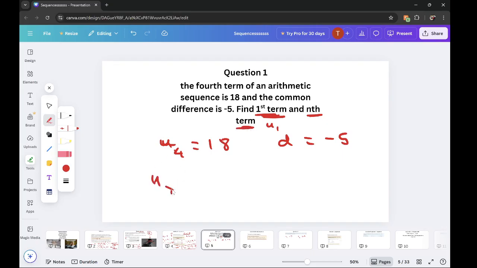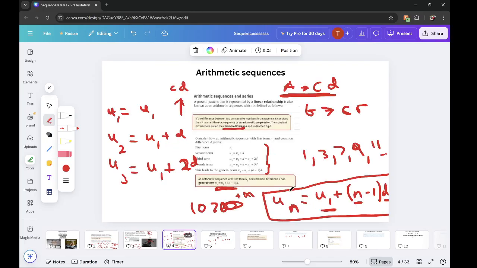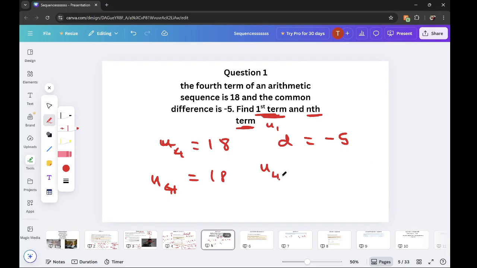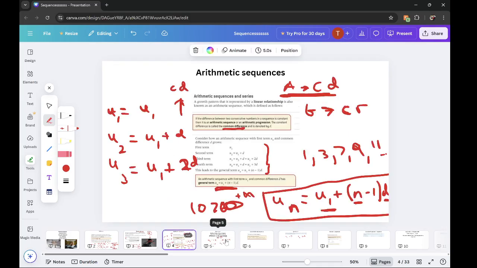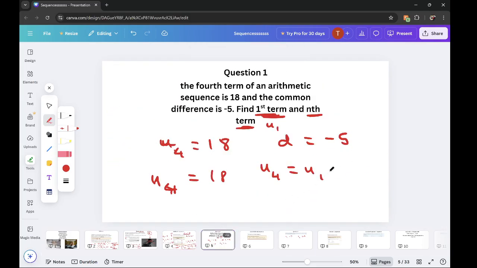So we know u4 is equal to 18, right? So if you plug 4 into this equation that we have over here, u4 is equal to u1, so you're trying to find u1, plus n minus 1, so 4 minus 1 times d, -5. So over here, you should get this is equal to 18.